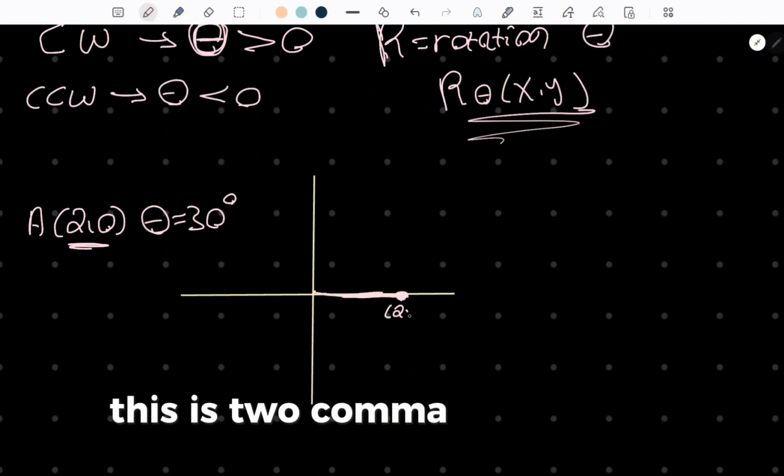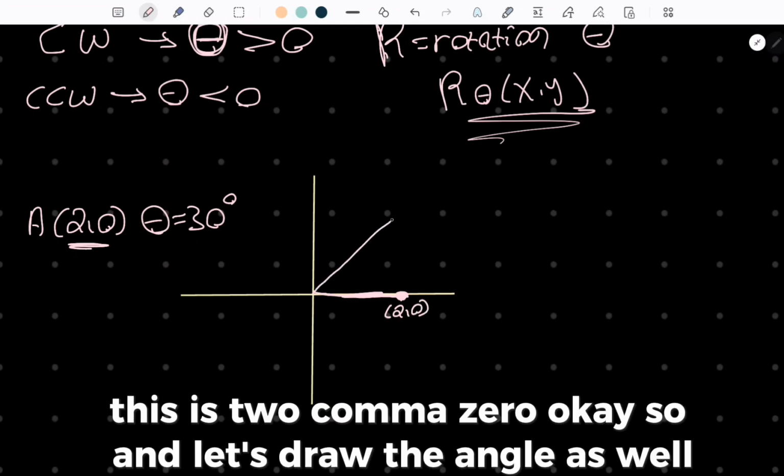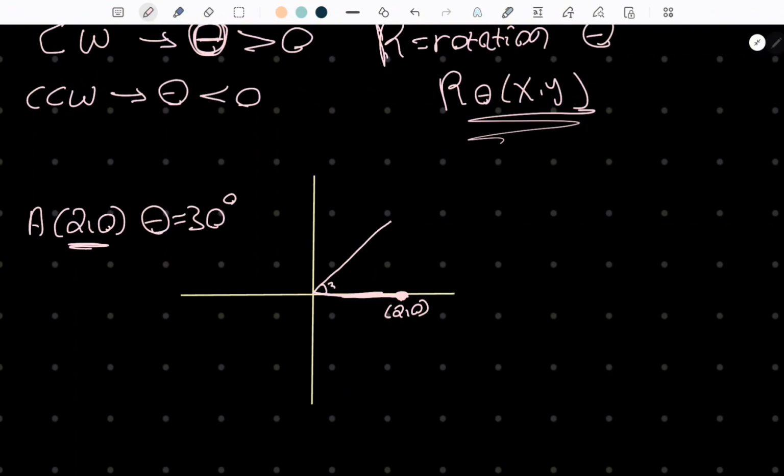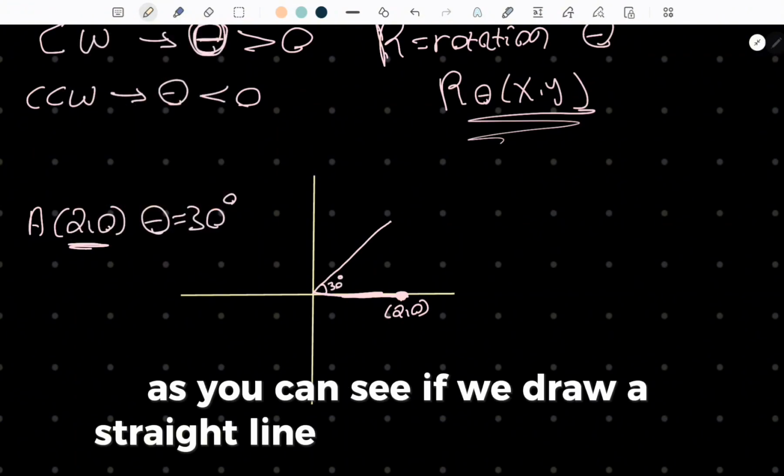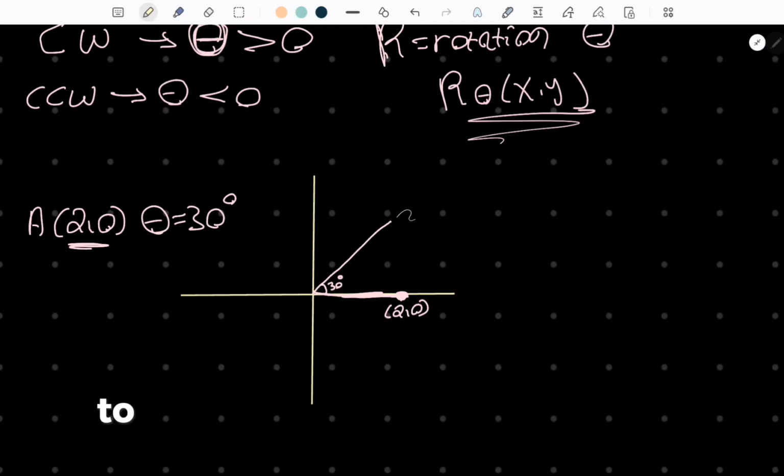This is (2, 0). Okay, and let's draw the angle as well. As you can see, if we draw a straight line from this point to this point, it wouldn't be a straight line, it would be a curve.